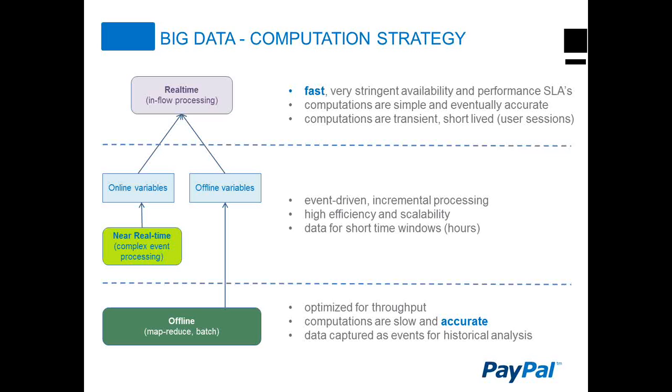Only then can you make accurate decisions. So in order to achieve accuracy, you rely on your underlying layers. You rely on your offline variables plus online variables, and here you're just looking at what's coming in in the context of my request. And computations here are really transient, they're short-lived for the lifetime of the user session.